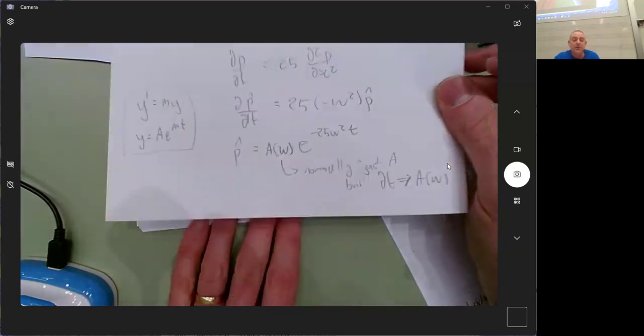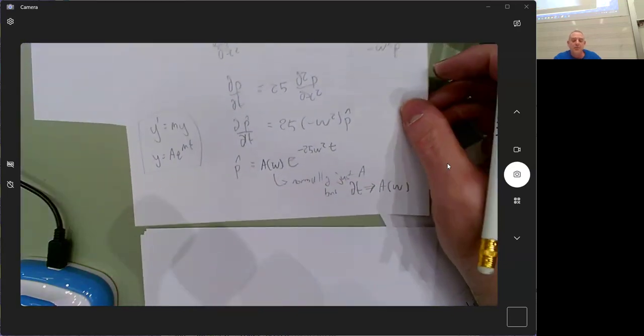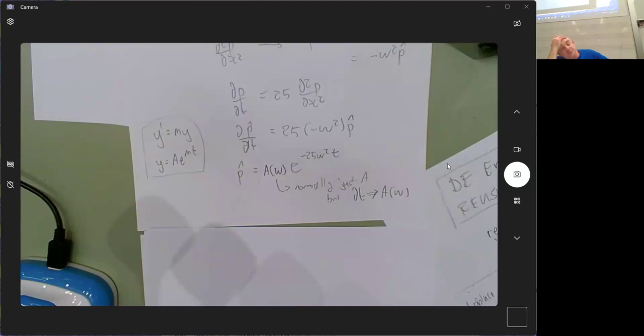And now I have to Fourier transform that, because my goal is to figure out what the original p was, and the original p was in terms of x. So I need to turn all my w's into x's.